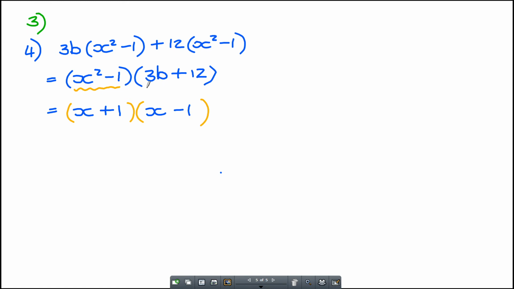That last bracket over here, 3b plus 12, what can happen over there? I can take out a common factor of 3. Can you see no sign here? Because it's still multiplication. So what will then be left? B plus 4. Now, yes, it would have been fine if you left it like that, but usually we just write that little number because it looks odd here in the middle of nowhere.